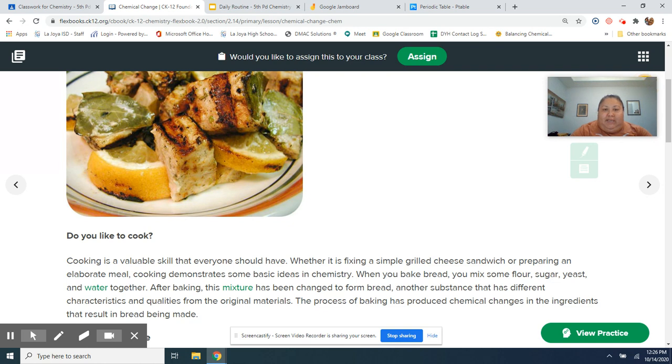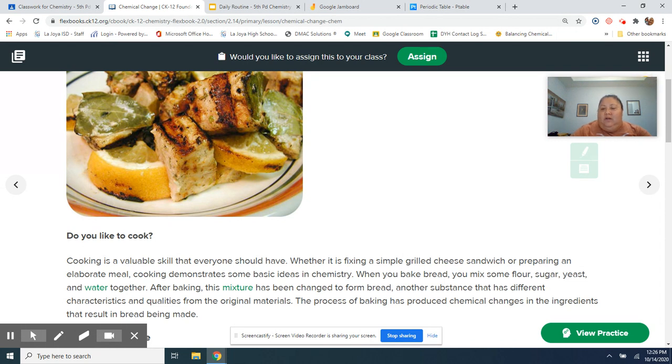Whether it's breaking an egg and making that liquid into a solid, ready, hot, nice, and ready for you to eat. You have done chemical changes throughout your life, right? And even grilling, even just doing a grilled cheese sandwich or preparing a three-course meal, you can understand chemical change.